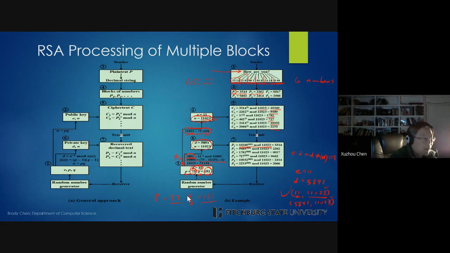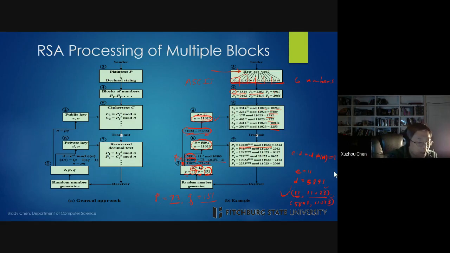And then I find one of the keys, e, which is relatively prime to phi of n. And then I find d, which is the multiplicative inverse of e, modular phi of n. Then e plus n is the public key, and d plus n is the private key. So n is not a secret number.